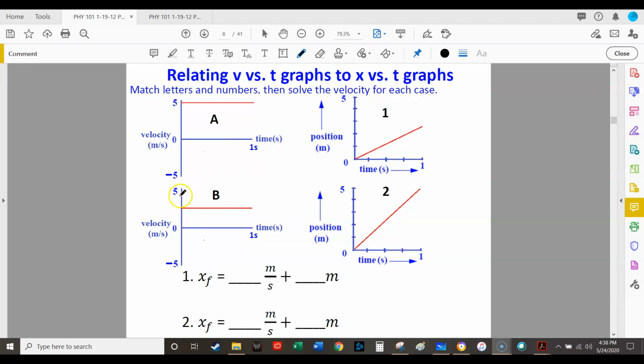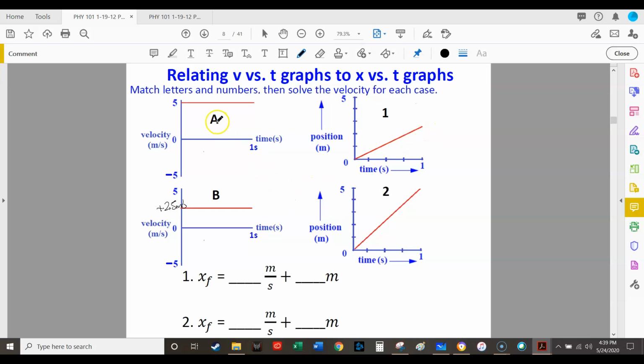Graph B is showing that this object has a velocity of, and I'm just going to put some numbers, positive 2.5 meters per second over a period of 1 second, right? Well, that is supposed to go with this, right?